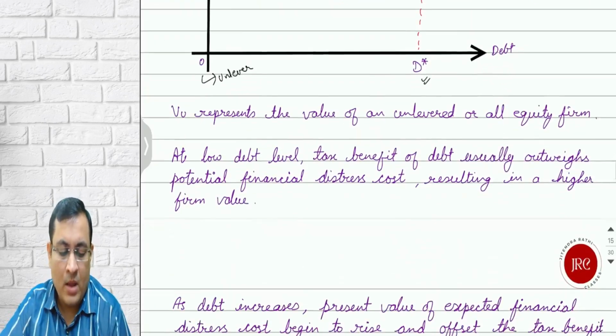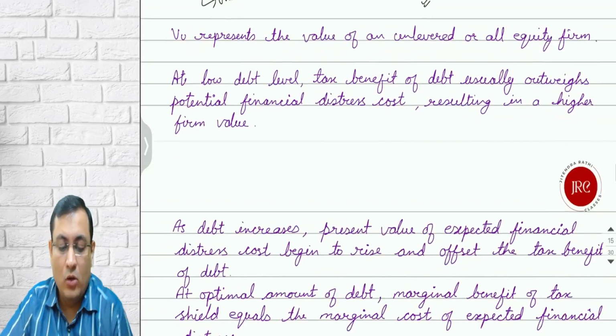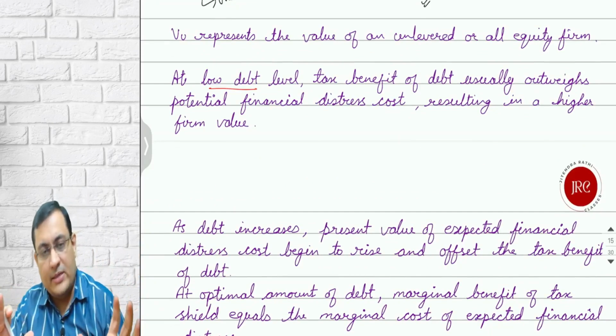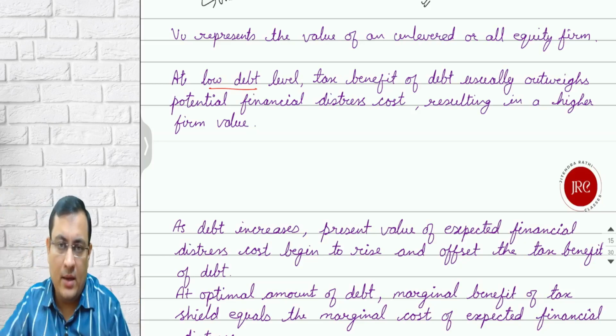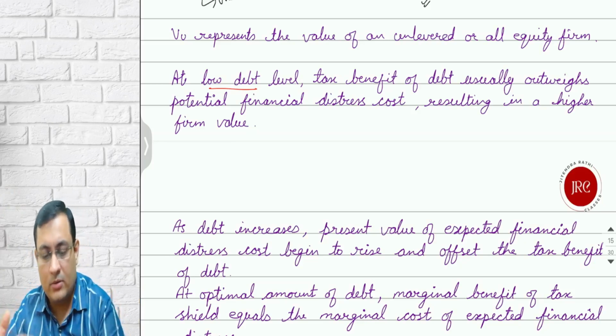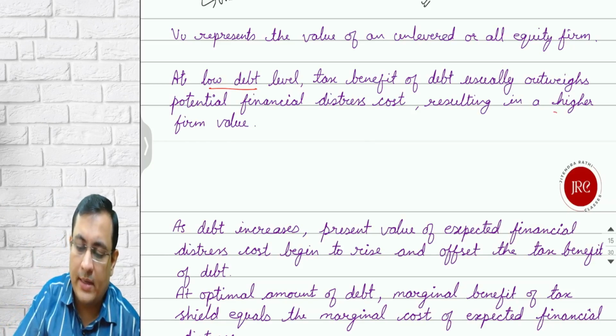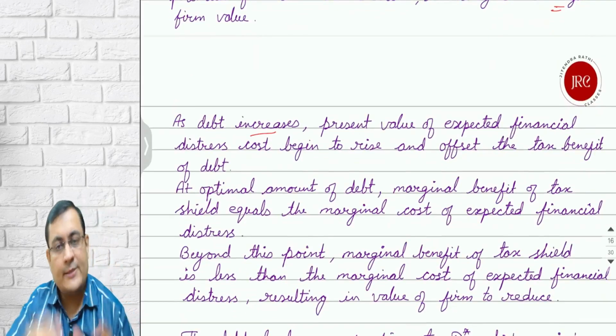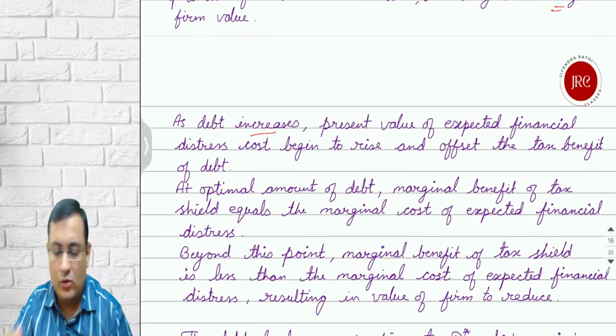What it says: at a lower level of debt, the benefit is higher, so the incremental benefit is higher than the incremental cost, resulting in a higher value of firm. As you increase the debt, still the benefit is higher, and it is going to offset your extra cost.